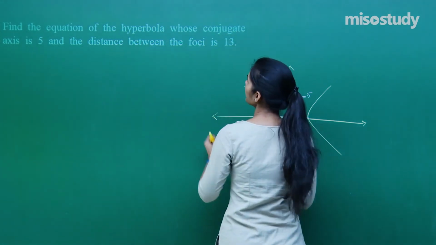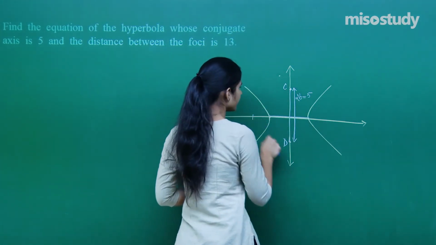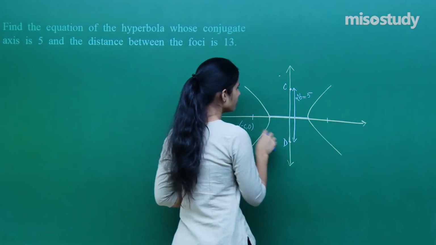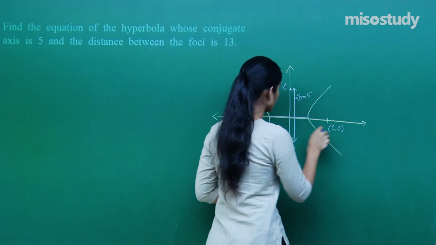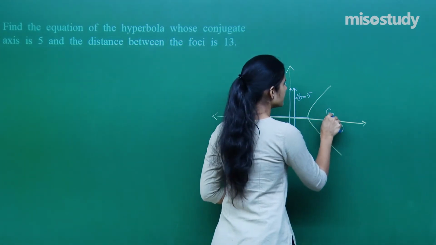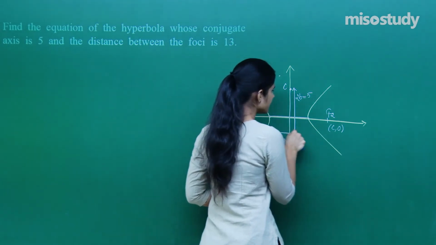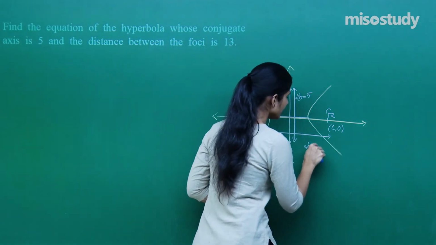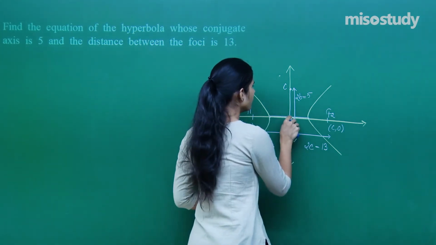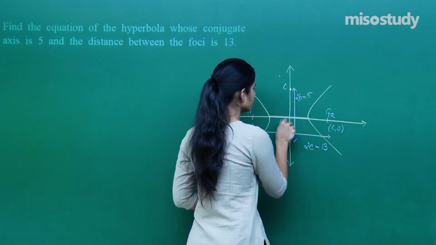It is also given that the distance between the two foci, so this is say minus C comma 0 and this is C comma 0, say this is F1 and this is F2. I know that I take the distance between the two foci as 2C, that is given to me as 13. Inside this hyperbola, this is my origin.